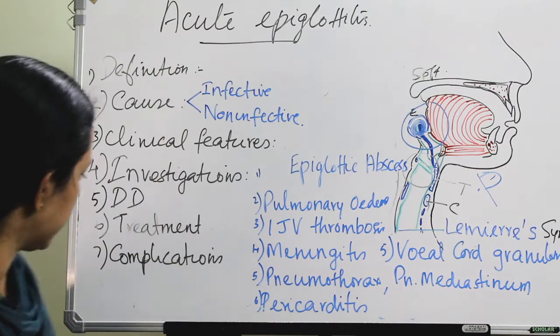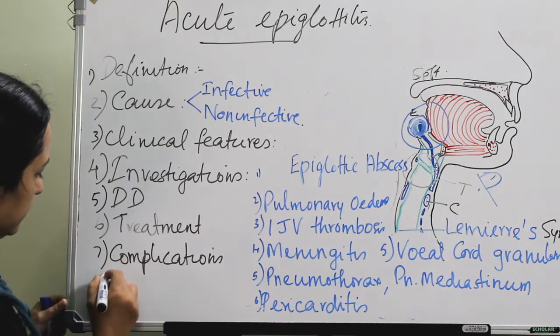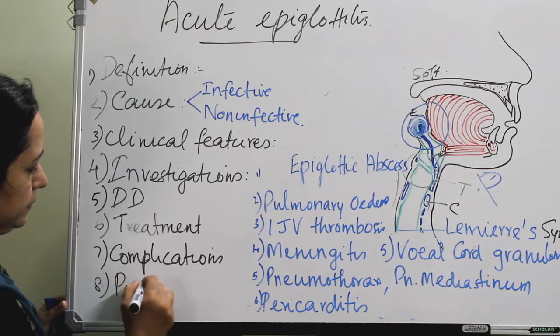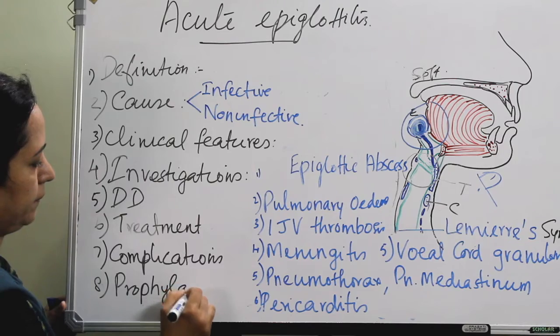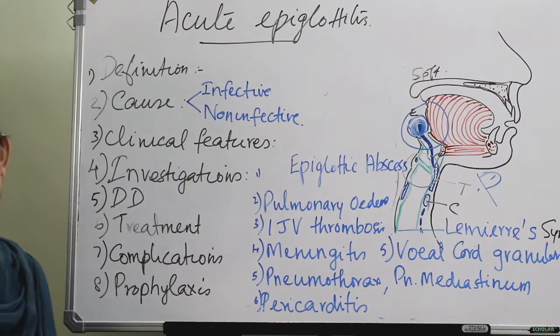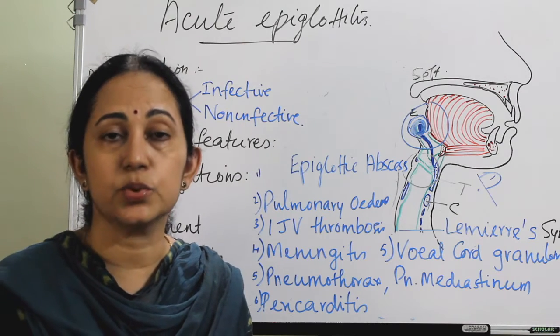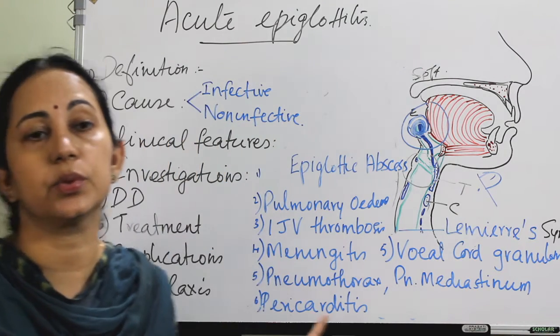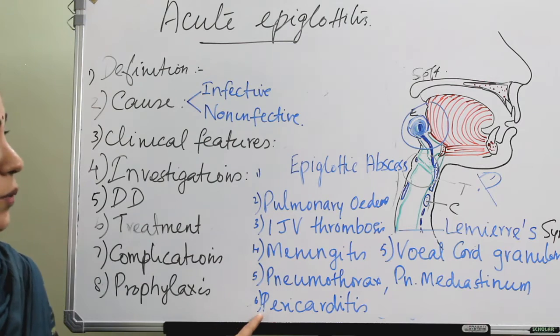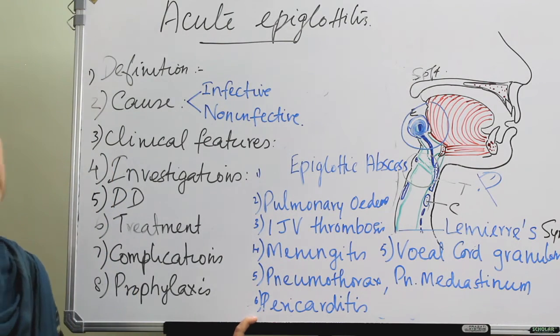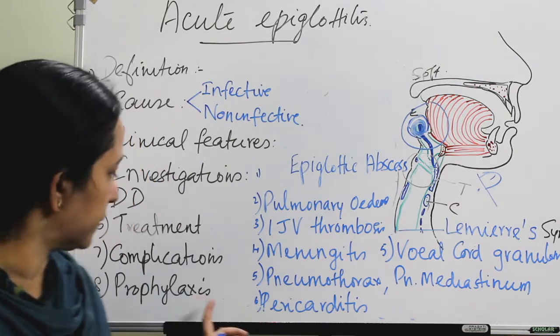The next is prophylaxis. In order to prevent household or daycare contacts from becoming carriers, we give prophylaxis, that is rifampicin.